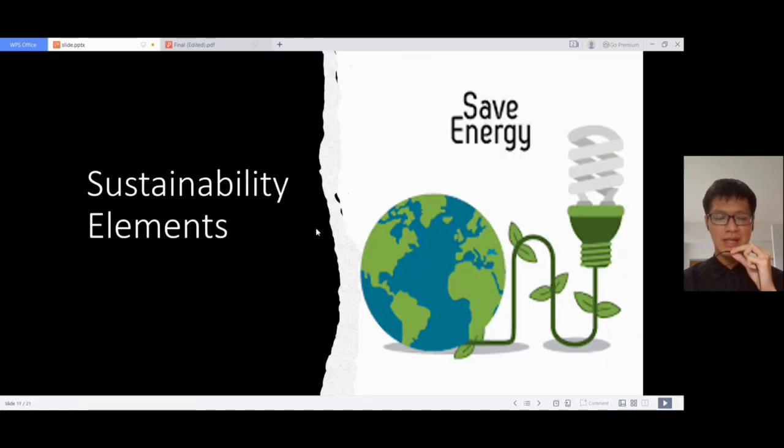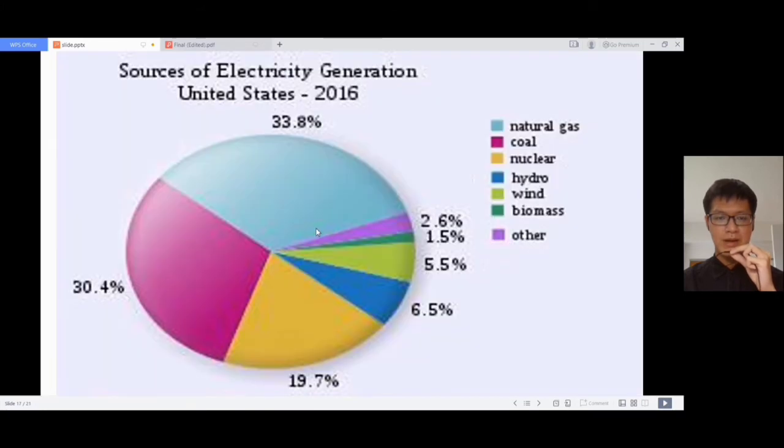For the sustainability element, our product is using the concept of reducing. We want to reduce the electric energy used in our product. This is because from the pie chart, you can see that renewable energy produces less energy than non-renewable energy in the US.